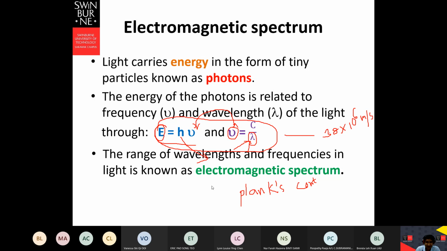We don't discuss it now, but this is also quite important actually. Einstein got the Nobel for this, E equals h nu, not E equals mc squared. Okay, write down E equals h nu and nu equals c over lambda, that is the wavelength.